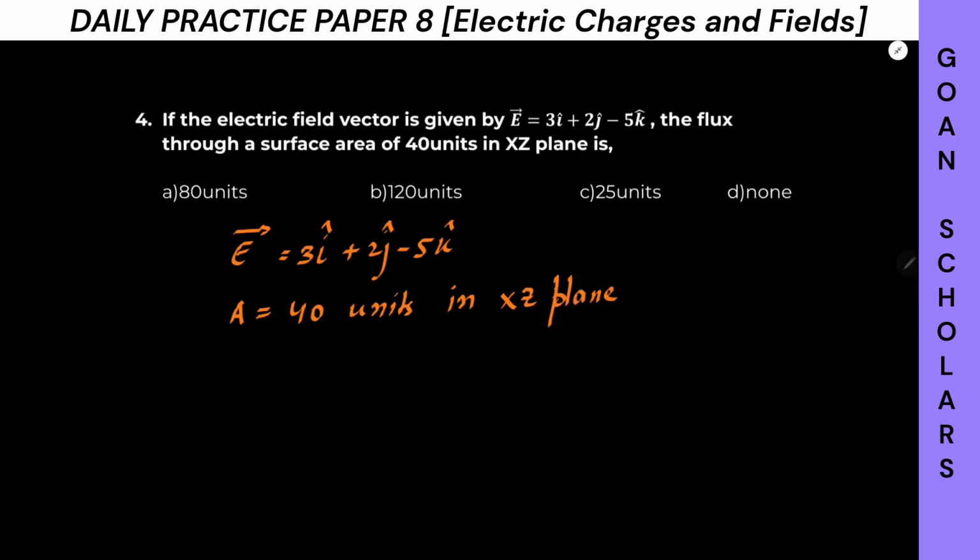Now we know that when we use this equation, electric field E into area, there is a small vector which we call the normal vector. So here the normal to the area will be in which direction? Normal means perpendicular.